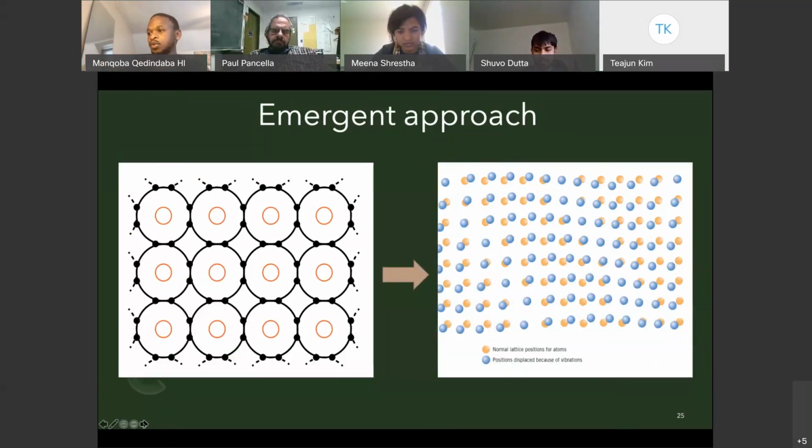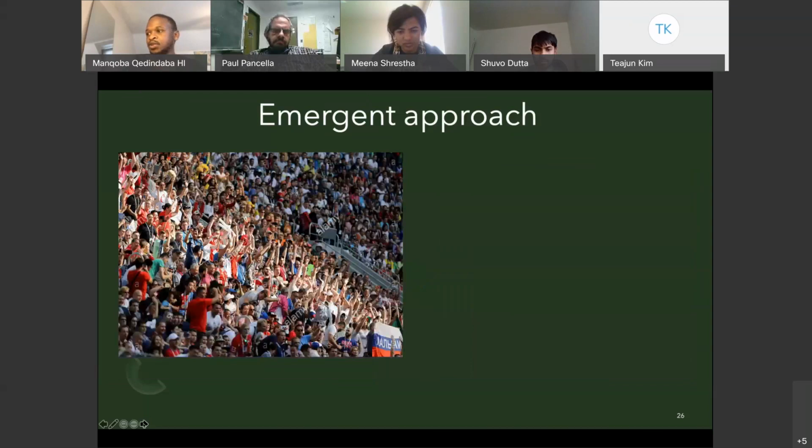The analogy here is the Mexican wave. The constituent is the people. So instead of thinking about the individual people to model the behavior of the people in the stadium, model the excitation, which is the wave they form.